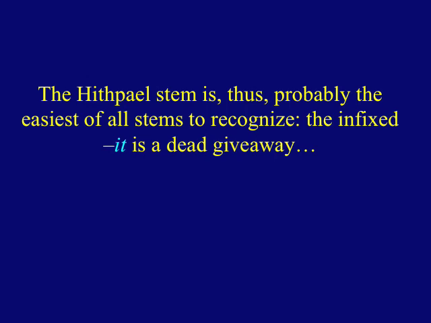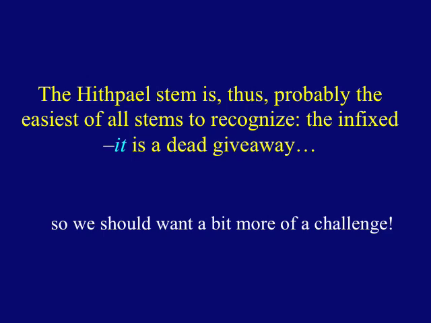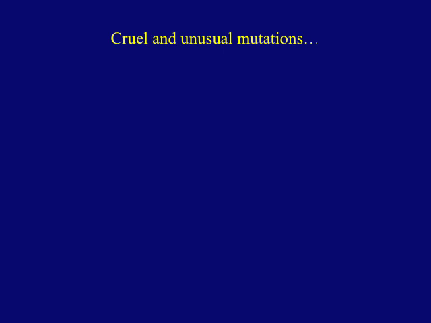So we can see that the hithpael stem is for the most part a dead giveaway. The infixed it: hit in the perfect, yit in the imperfect, mit in the participle. So you probably had that gut feeling that the bad news was coming next. Well, let's see where this stem becomes a wee bit more challenging.